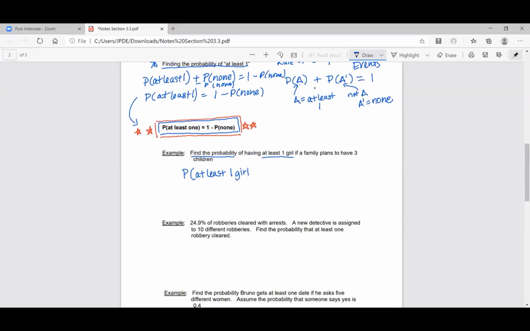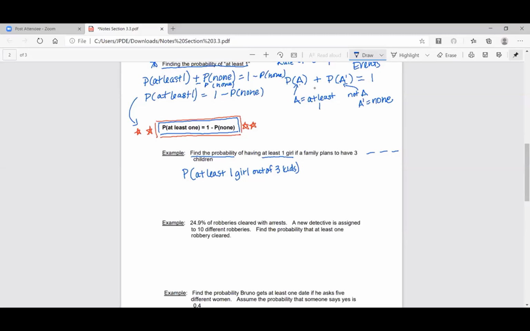So we could say out of 3 kids, or you could just remember here we're talking about 3 kids. So we can do this using the formula, and I'm going to in a minute, but I want to reason it through. If we didn't have the formula, having at least 1 girl out of 3 kids.